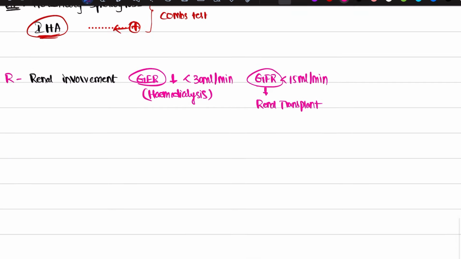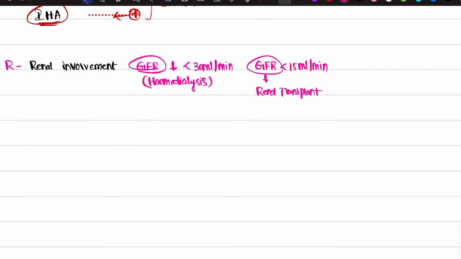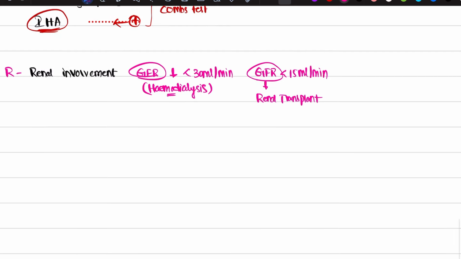So let's remember this, guys. If GFR is less than 30 ml per minute, we are just going to do hemodialysis and manage the patient. If GFR is less than 15 ml per minute, we are just going for a renal transplant. And if this is affecting the kidneys, this is also known as lupus nephritis.